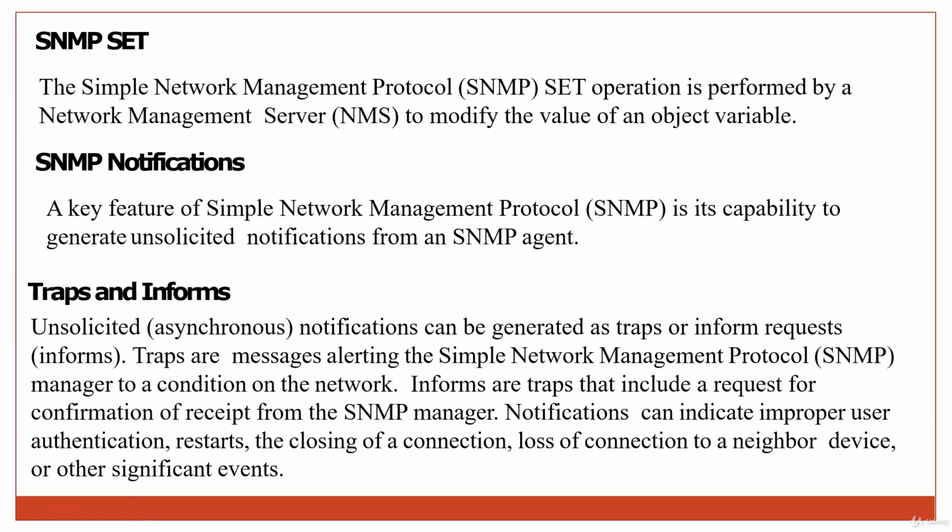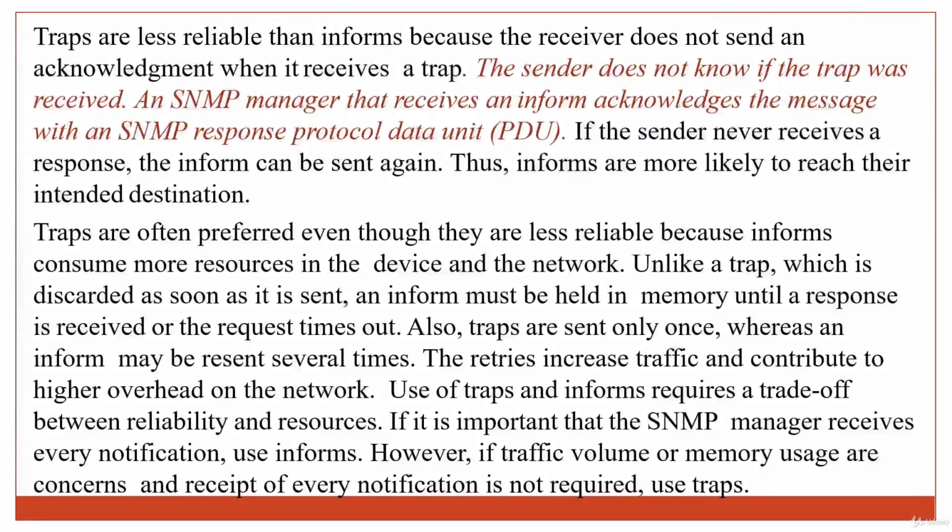In the configuration, I will show you that the agents can use these methods to tell the manager about various types of information. So in a trap or in an inform, you have various types of information that you want to tell the manager, and in the configuration I'll show you what exactly a trap looks like.